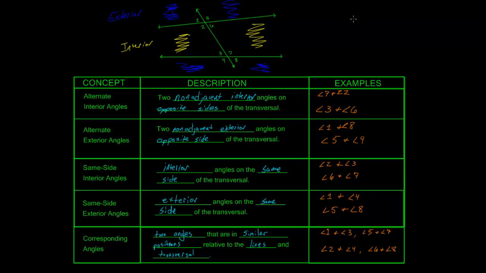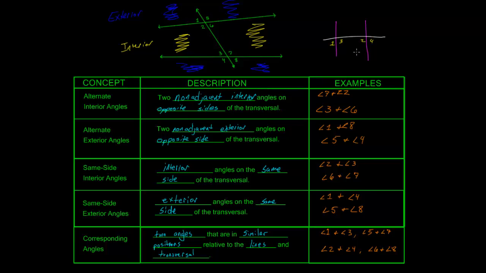As an example up here, you could have your two lines running this way with your transversal cutting right here. And we could call this 1, 2, 3, 4, so on and so forth. Well, we're to the left of the line and the bottom of the transversal, so 1 and 2 would be our corresponding angles.